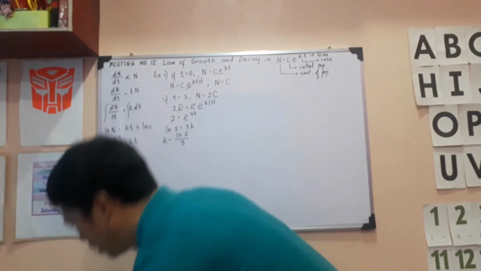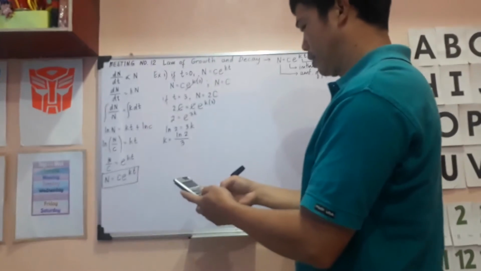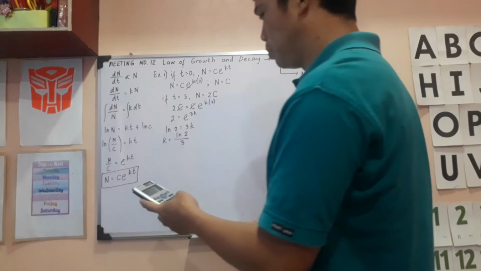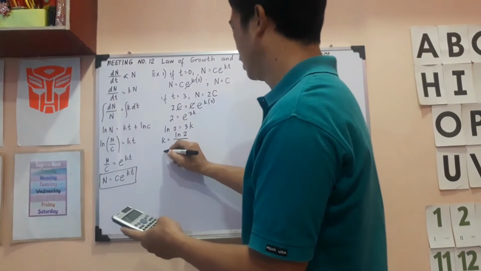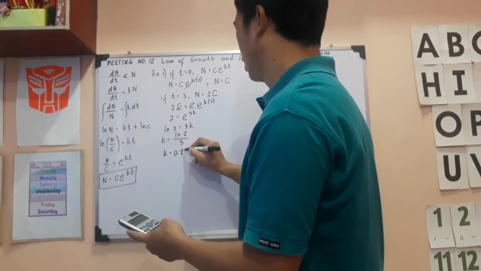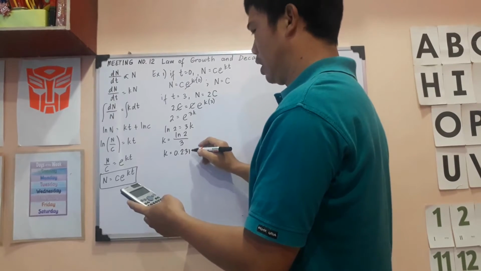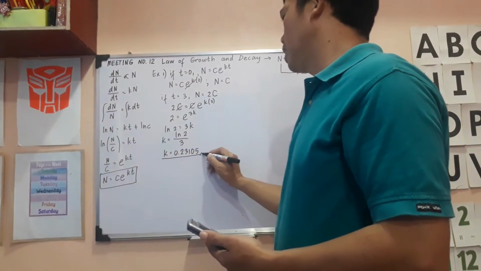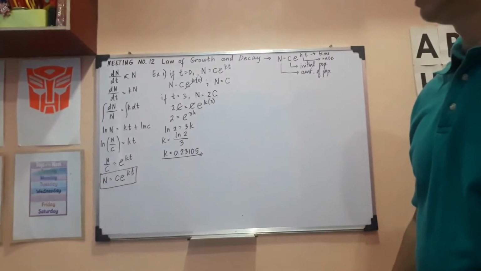So, ln 2 divided by 3 is 0.2310 5. So, 4 or 5 decimal places are used to be more accurate. There is no unit, guys, because it is a rate.